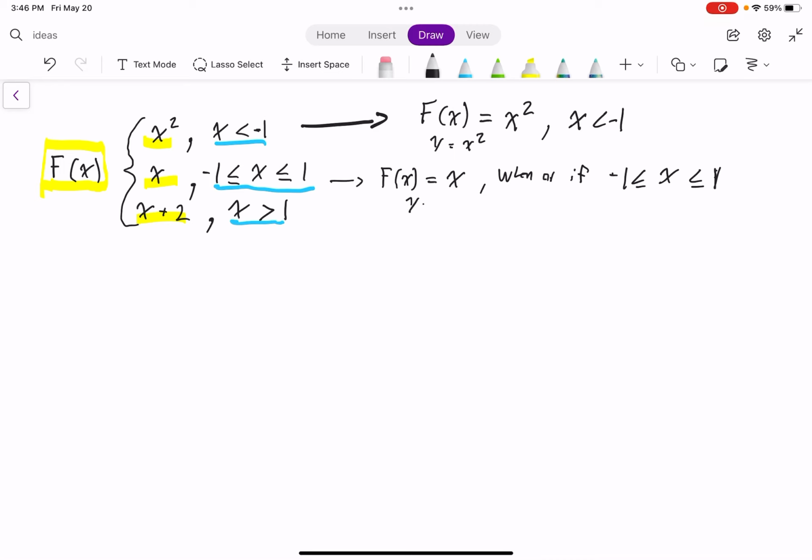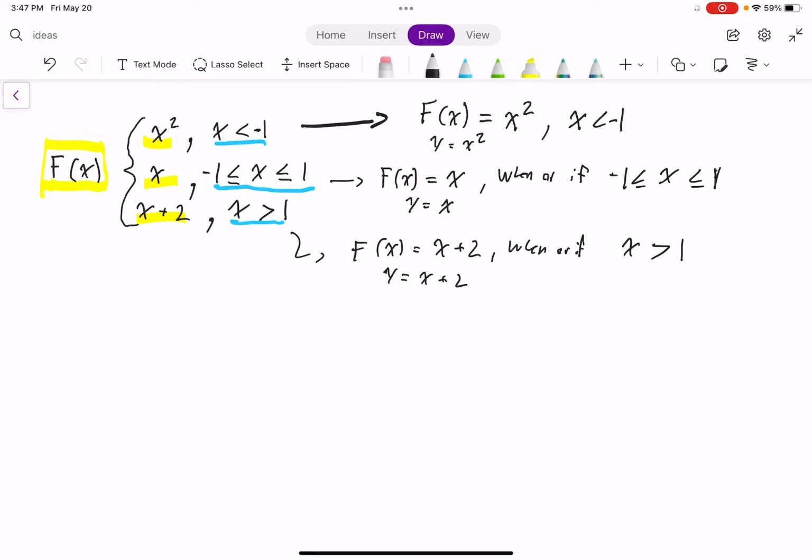Again, this can be y equals x. And lastly, f at x is equal to x plus 2 if x is greater than 1, or again, y equals x plus 2.